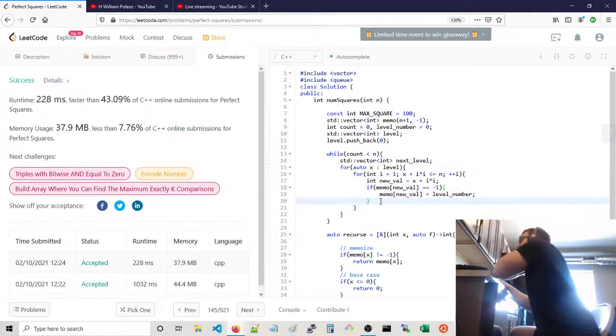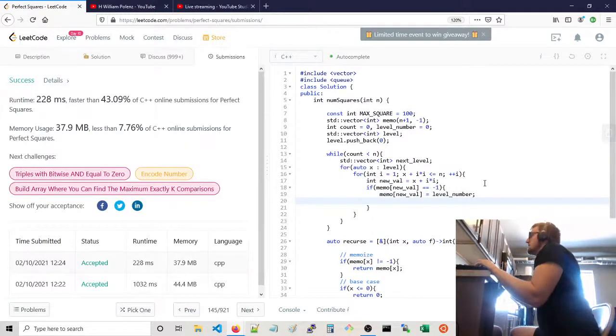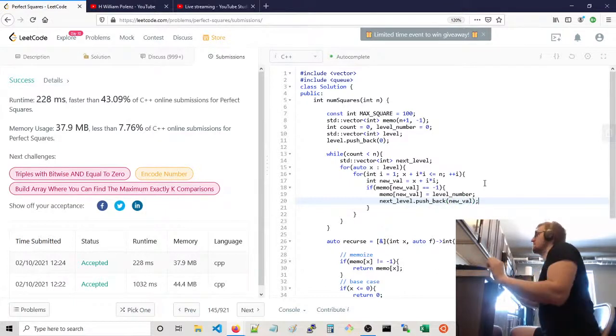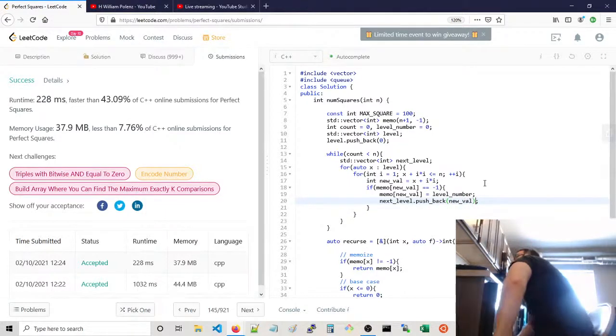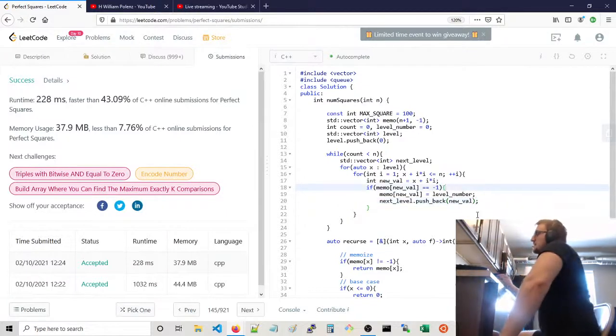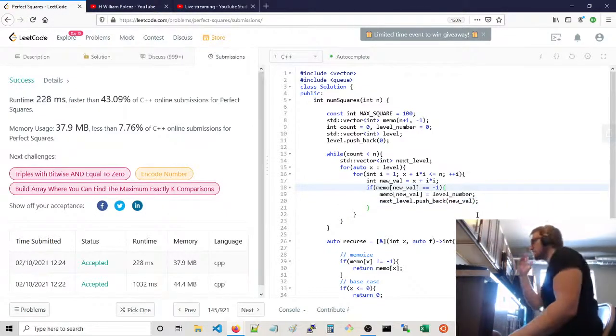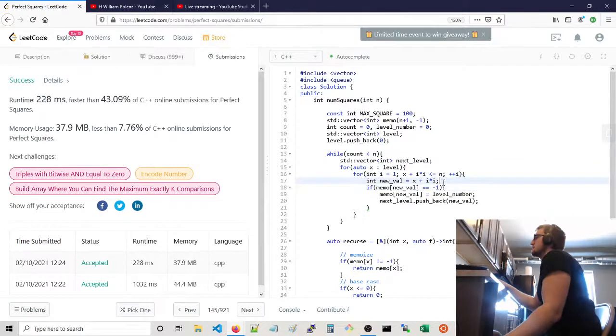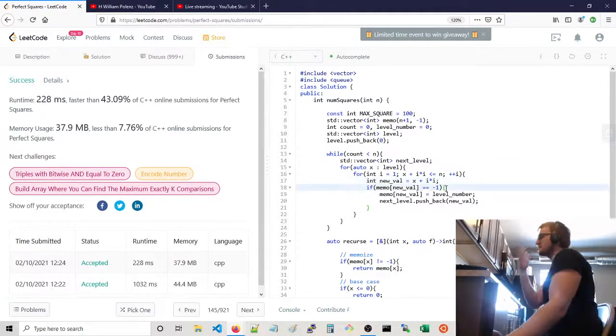Now, if it hasn't been set yet, that's when you add this new val to the next level. Right, that's important. If it has been set already, then you don't consider it again. You just leave it out completely, because somewhere else in the algorithm we're going to pick that up.